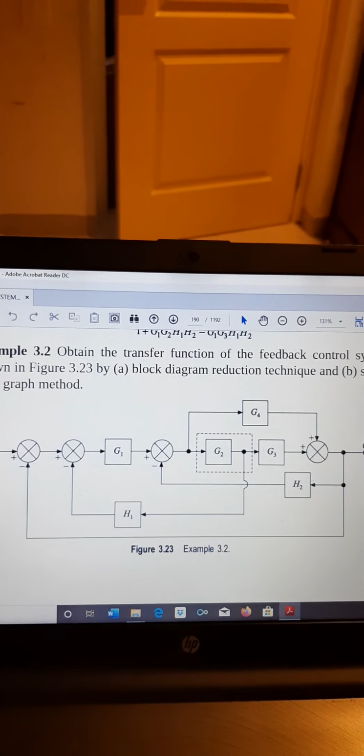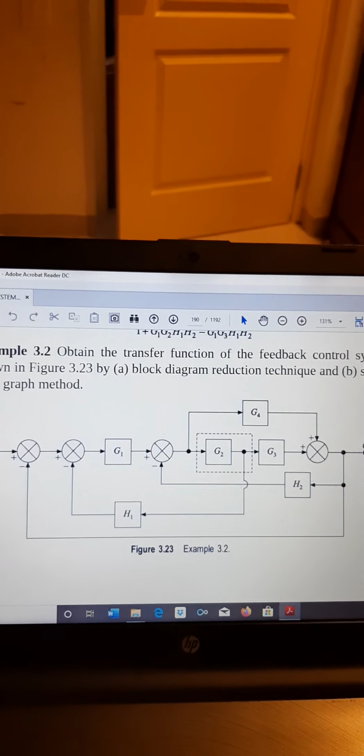What exactly is happening is, before, the signal is not passing through this block, and after, it is passing and multiplying with this. In order to compensate for that effect, we have to divide by this. If you want to take the branch after this block, the signal here is multiplied by this, and you are getting it here.